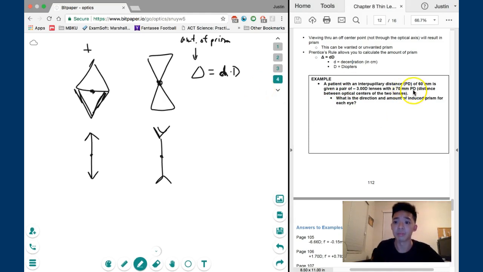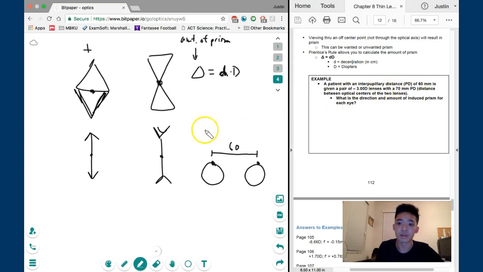So a patient with an interpupillary distance of 60 is given a pair of -3 lenses with a 70 millimeter PD. So the PD is like the distance between each pupil. If a patient has 60, their eyeball is like that.